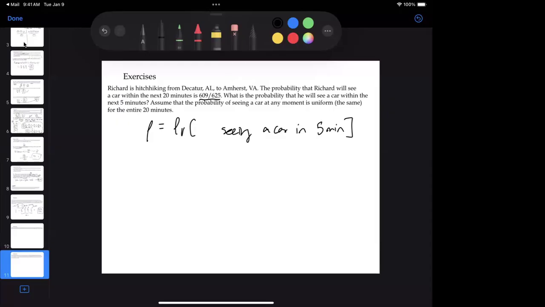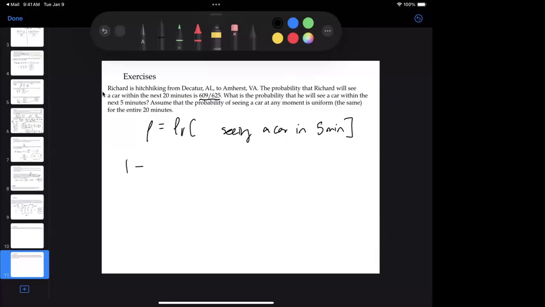Oh, yes. Violet, please share your thoughts. For this problem, you would use complementary probability. Since the probability that he sees a car within the next 20 minutes is 609 over 625, if I subtract that from 1, that would be 16 over 625.